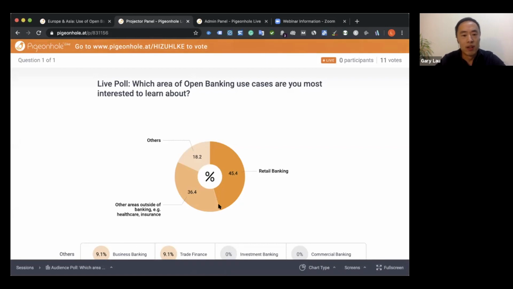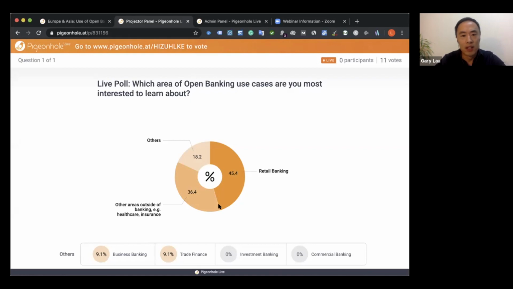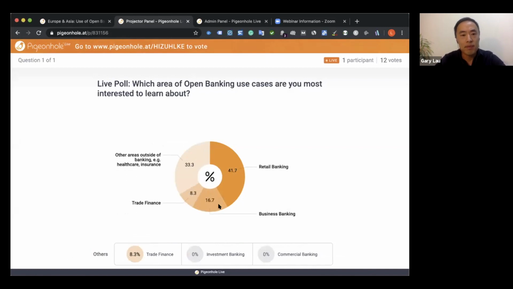So different ways of using open banking data to increase the stickiness or improve the user experience for their own customers. Interesting. So I think that's the key trend. Yeah. Thanks, Gary.